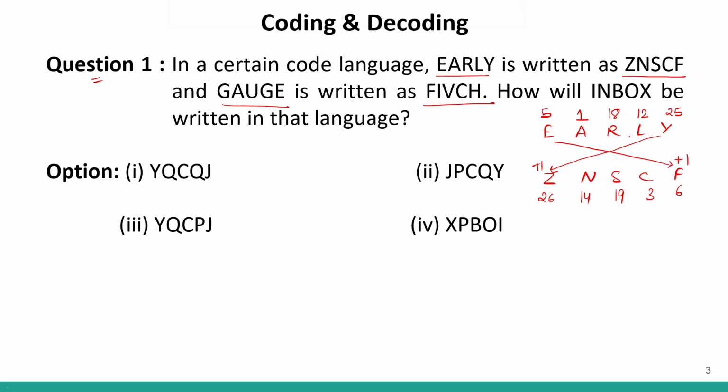From L to N, we are moving two positions forward. Similarly, from A to C, we are moving two positions forward. And from R to S, we are again moving one position forward. So the positions that we are moving forward are increasing by 1 and 2. So from 5 we went to 6.